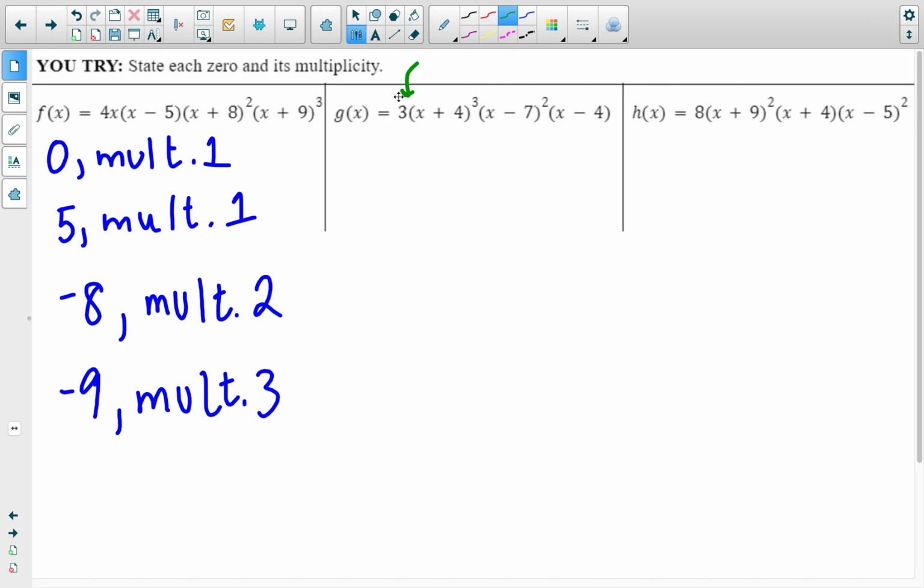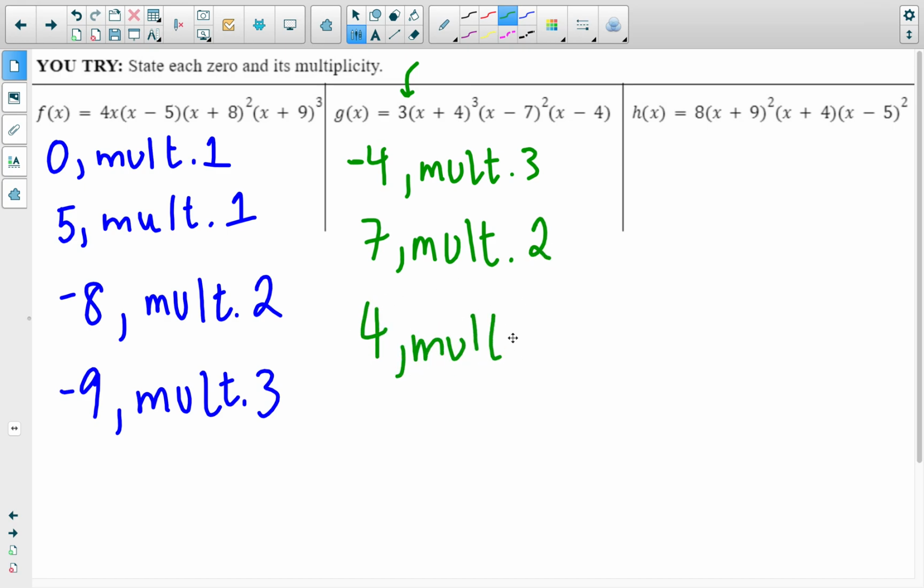There is no x with it, so we don't have 0 as an x-intercept here. But we will have negative 4 with that multiplicity of 3, 7 with multiplicity of 2, and 4 with multiplicity of 1, because we have that exponent of 1 out here. Remember that these signs are all going to change because we're setting equal to 0. That's why we have plus 4, but then a negative 4 when we're looking at it equal to 0.